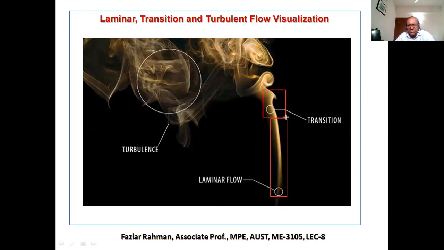But this region, you see, flow is still laminar, but it does not like to stay laminar. From here to here, you see it's changing over here, changing over here. Then right over here it is completely changed. So that means velocity is fluctuating. So this is laminar flow, this is transition, and this is turbulent flow.